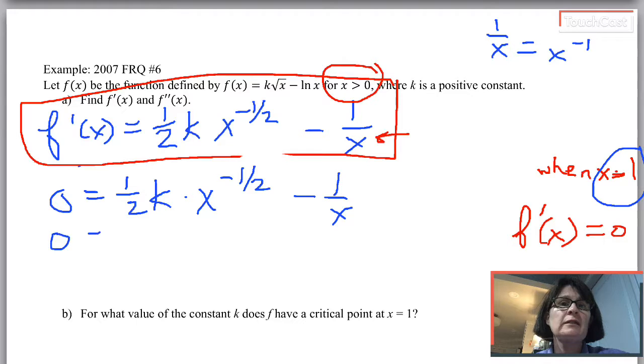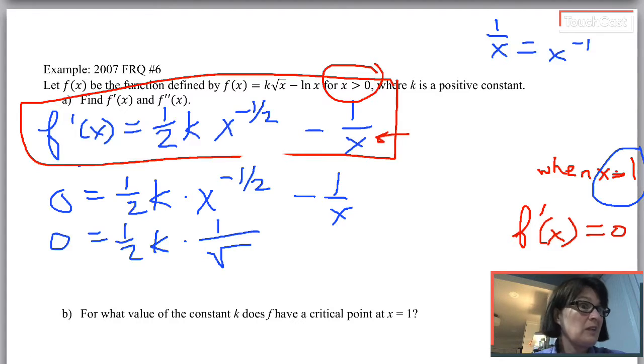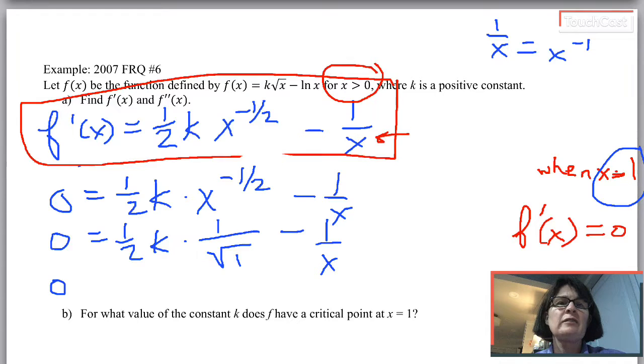So 0 is 1/2 k times x to the -1/2, which is 1 over the square root of x, but I'm going to let x be 1, minus 1 over 1. So now I have 0 equals 1/2 k.